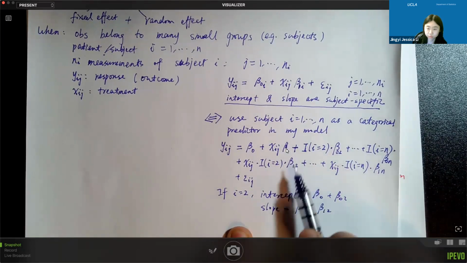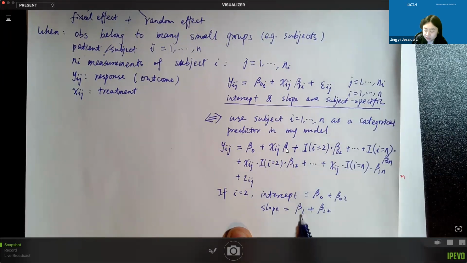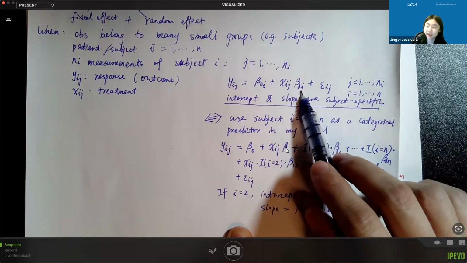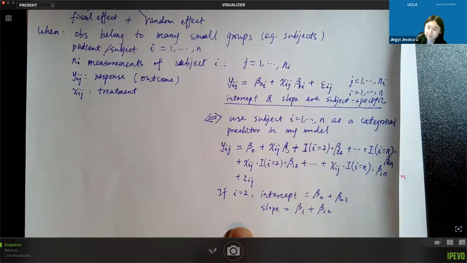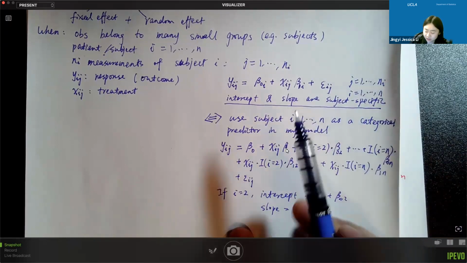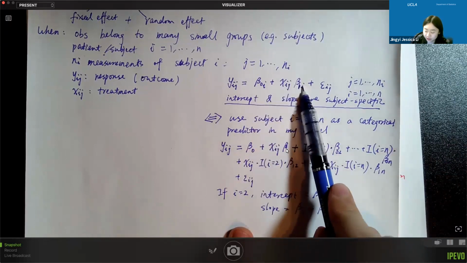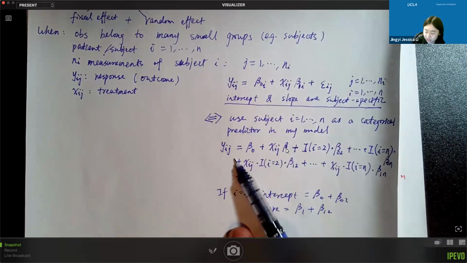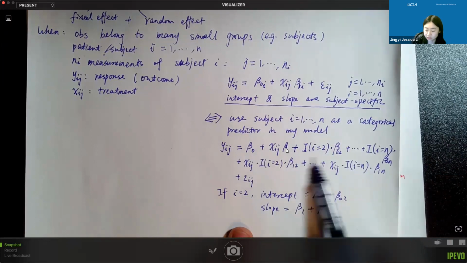This one plus this one. So I still have every subject with its own intercept and its own slope. That is exactly equivalent to what I have here. It's just two ways of writing down the same thing. Here I just do this for a specific i, but what I wrote down here is the general term for all the i's.